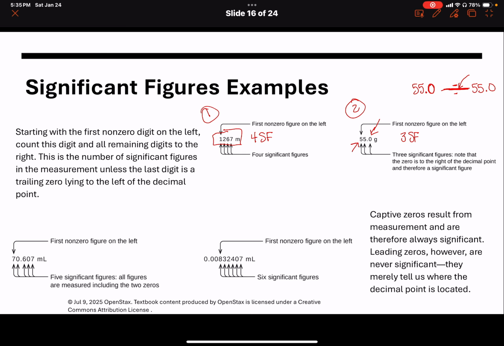Now let's look down here at the bottom left corner, number 3. So we have the number 70.607. Now, we have these three numbers behind the decimal point, and within those three numbers, there is a zero. Remember, we call that a captive zero, or I like to call it a zero sandwich.